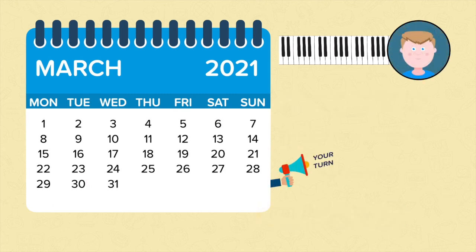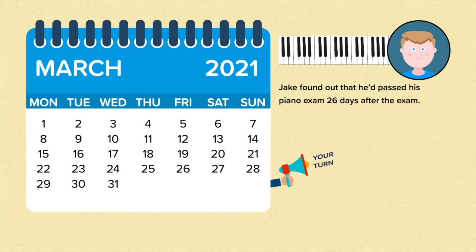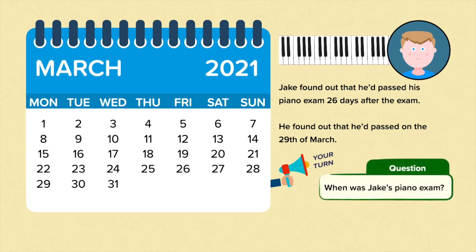Now it's your turn. Jake found out that he'd passed his piano exam 26 days after the exam. He found out that he'd passed on the 29th of March. When was Jake's piano exam? Pause the video and have a go.